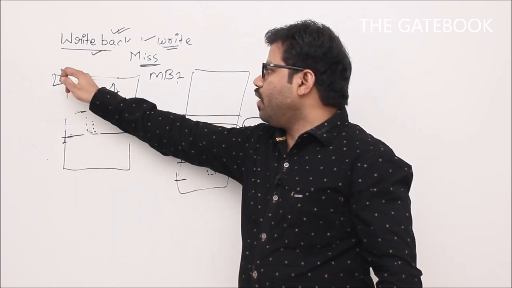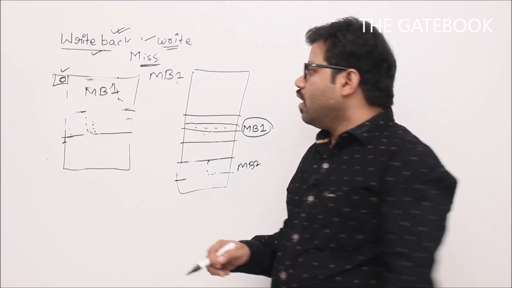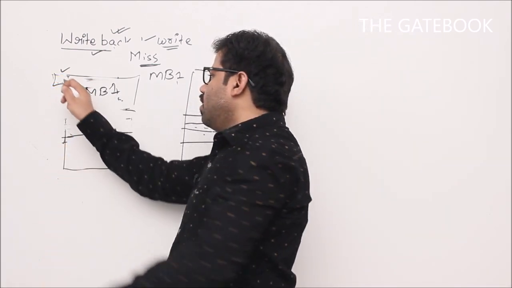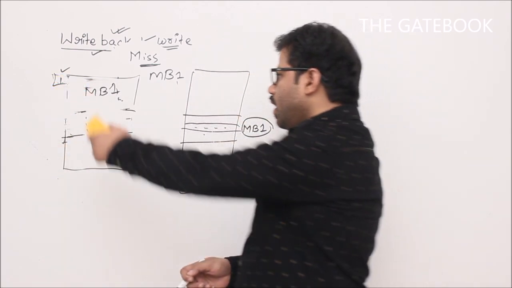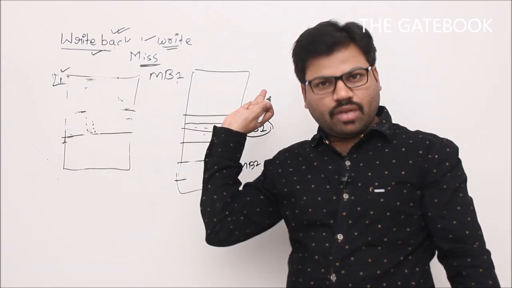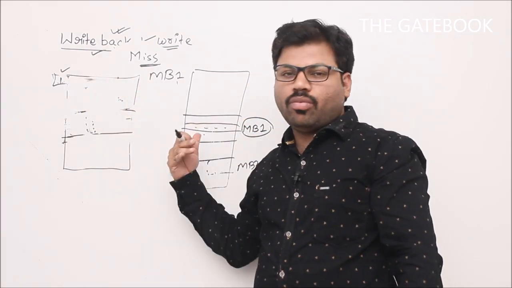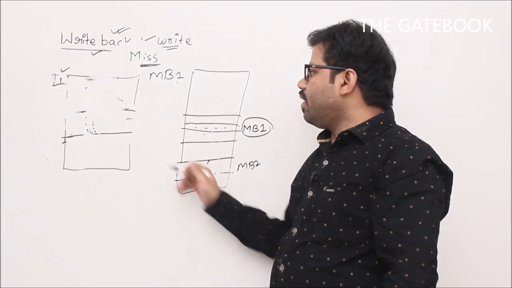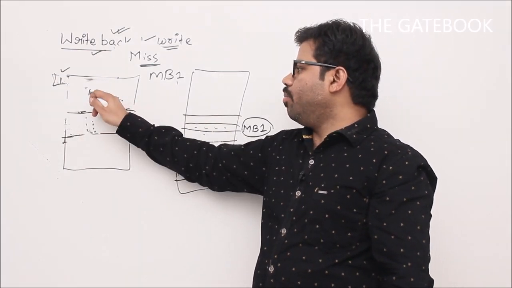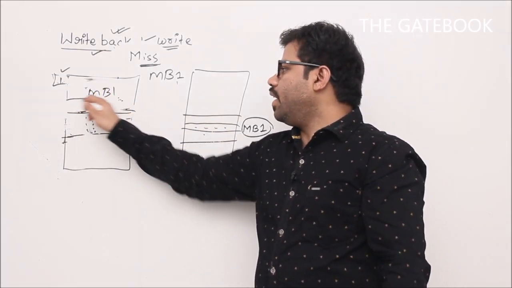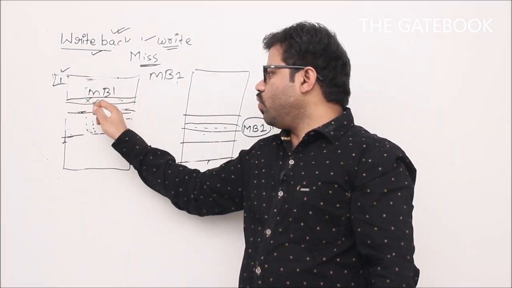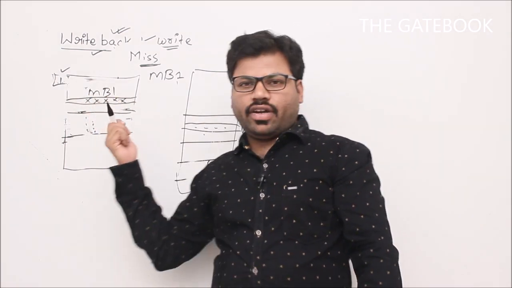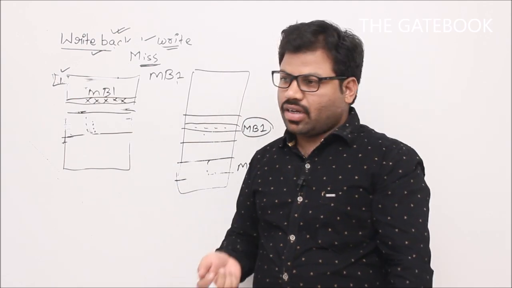That's why the modified bit is used. Understand? If the modified bit is 1, that means the data is modified, so first we have to move the data to main memory. That block has to be updated. Then later our desired block, MB1, should be brought in. Then later the right word which you wanted to modify is modified. That is about the dirty bit or modified bit.